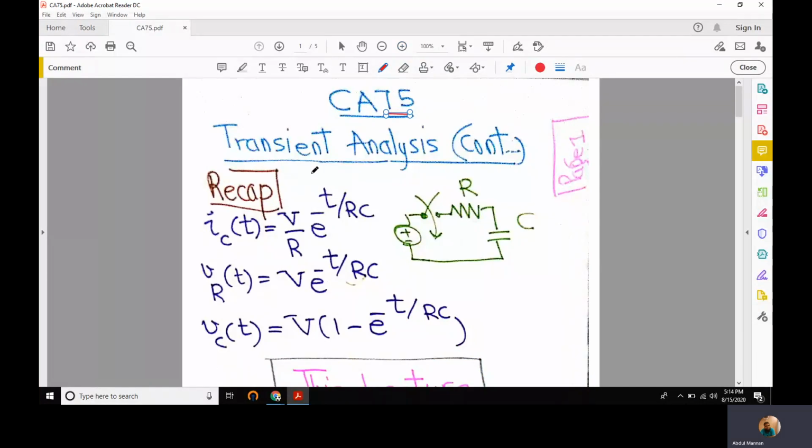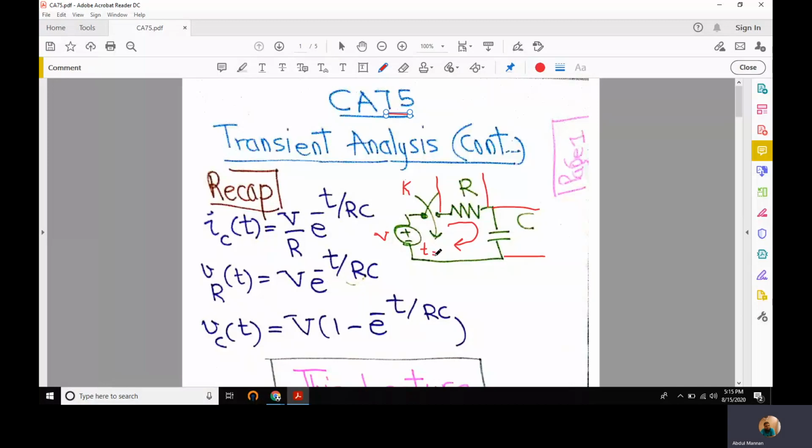We are studying transient analysis of circuits, and in our last lecture, we studied expressions for the current, the voltage drop across the resistor, and the voltage drop across the capacitor for a series RC circuit excited with a DC input source in the presence of a switch K that was closed at time t equal to 0.